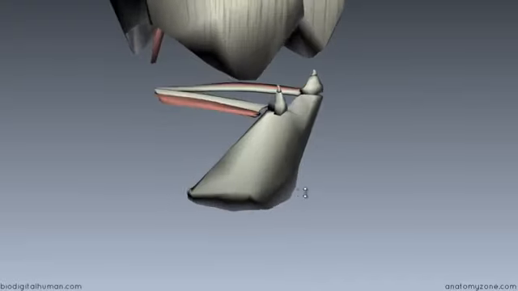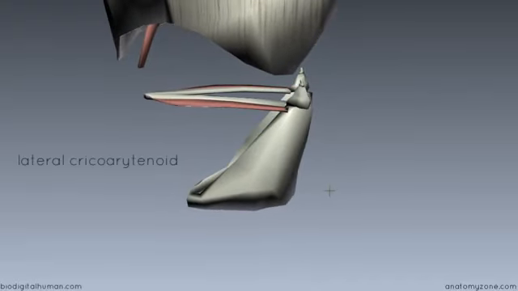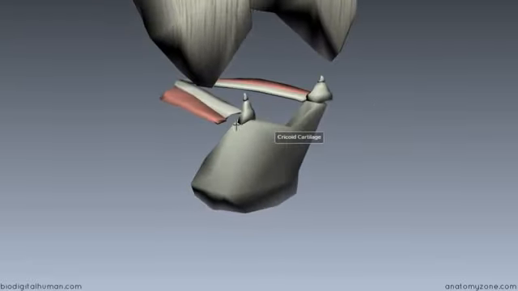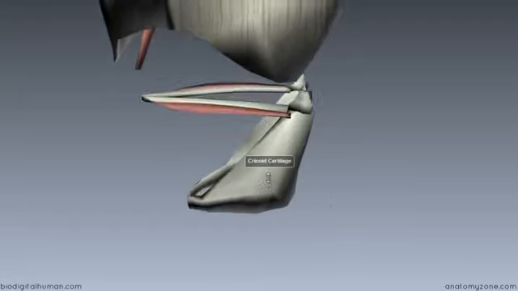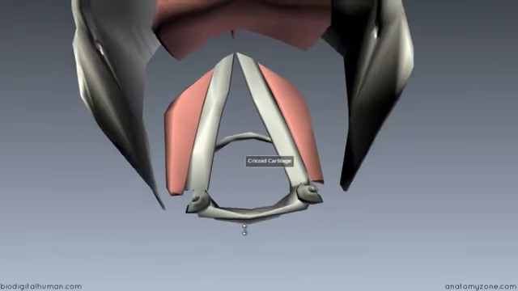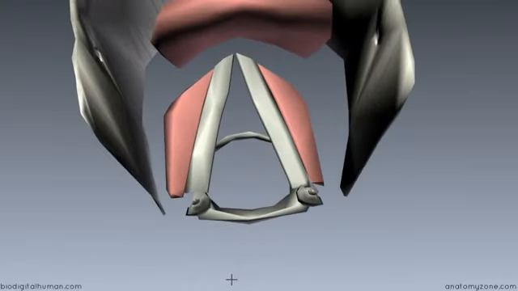The next muscle is the lateral cricoarytenoid, which originates on the upper part of the cricoid arch. It sits laterally on the cricoid cartilage, and it inserts again onto the muscular process. But because of its different origin, it's going to produce a different action on the arytenoid. Because it sits in front of the muscular process, when it contracts, it produces the opposite action to the posterior cricoarytenoid muscle.